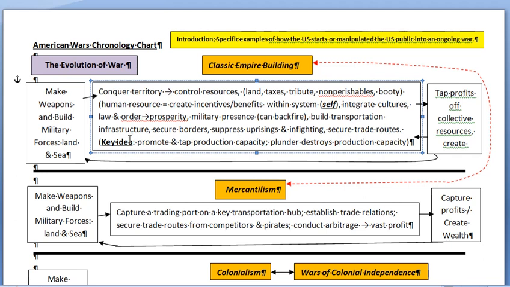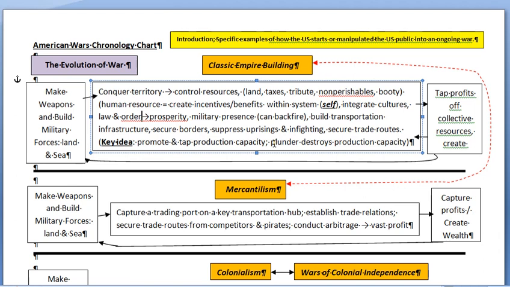The key idea here is you want to promote and tap the production capacity of a region. The old idea that you go in with an army, you plunder, you rape and pillage and destroy, this is not effective. This is not long term. It's a short term game, but you kill the golden goose, you kill your cash cow.